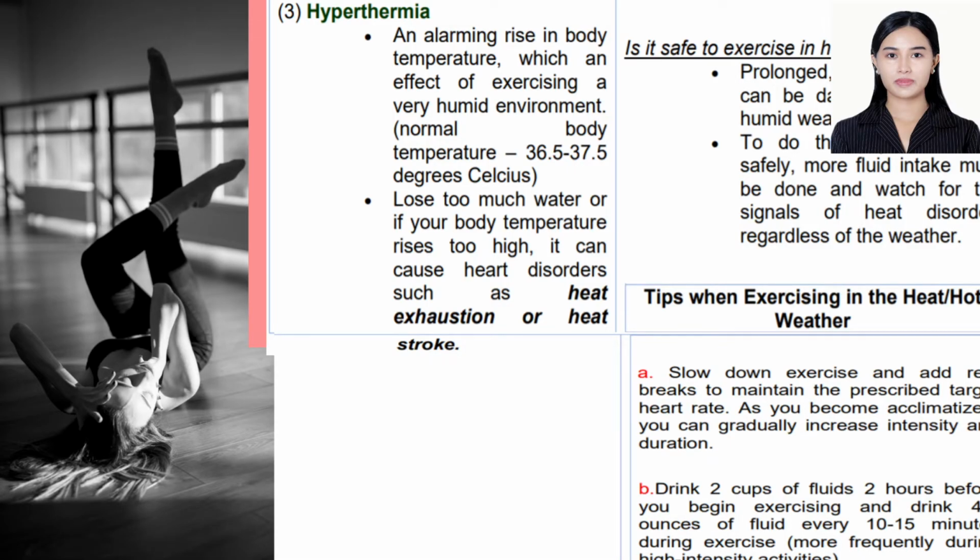It is 98.6 degrees Fahrenheit. So, any body temperature above 99 or 100 degrees Fahrenheit, that is too warm. And hyperthermia, it is usually the result of overexertion in hot or humid conditions.